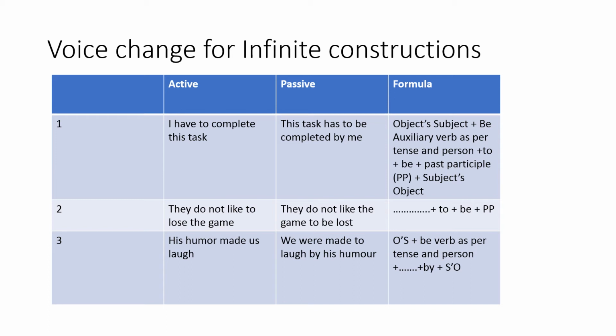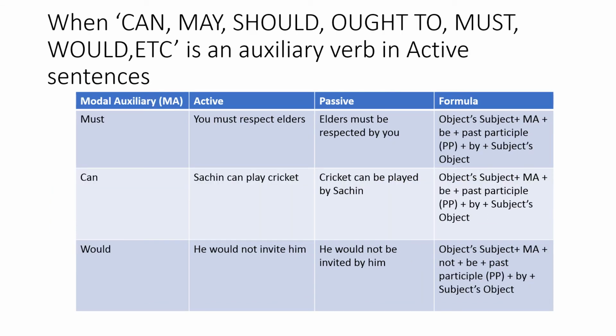So you have understood the changes in the infinitive construction. Now let's move to the modal auxiliary verb. You know what a modal auxiliary verb is? It is no different from the basic rule we have learned. In this, a modal auxiliary verb like can, may, must, ought to, would, etc., has been introduced with the subject.